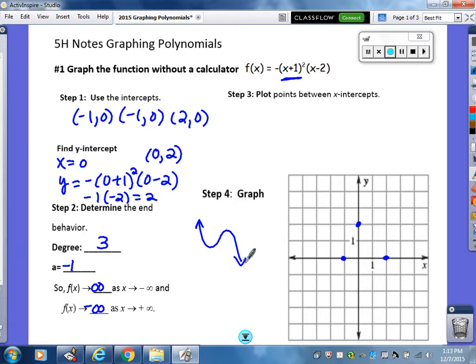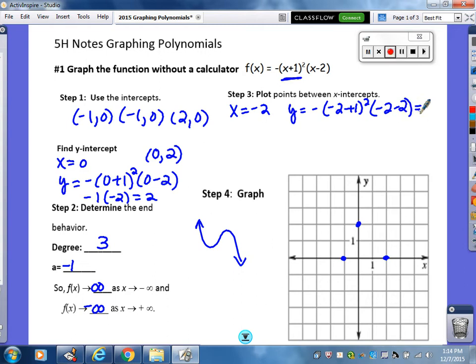Now we just have to plot points in between our x-intercepts. Let's start over here. Let's look at what's happening over here. How quickly is this thing going to rise? So let's put in x equals -2. We want to know what y is equal to, so we plug -2 in for all of my x's.